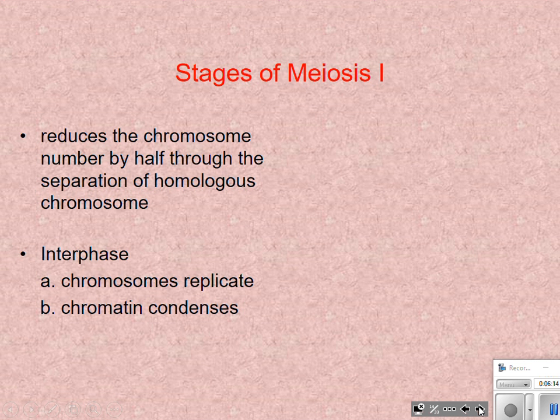Gap 1, synthesis, gap 2. So what's happening during interphase? Once again, the chromosomes replicate and the chromosomes condense. Okay? Same thing is happening. Only during the whole process of meiosis, it's going to be a little bit different than what mitosis was.